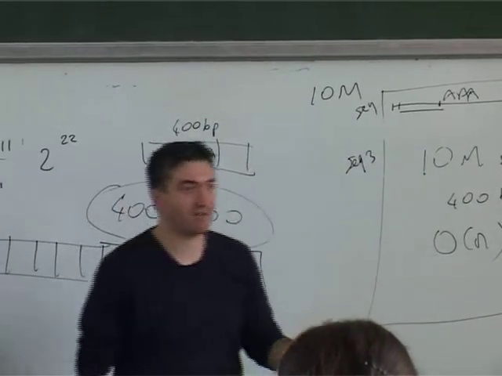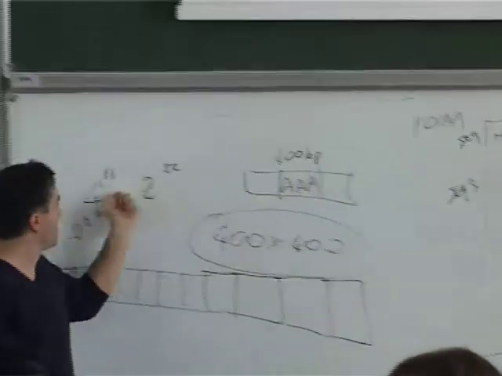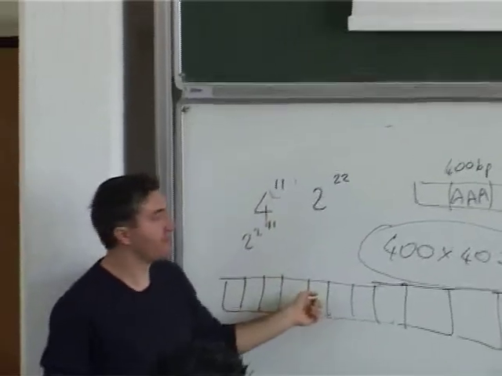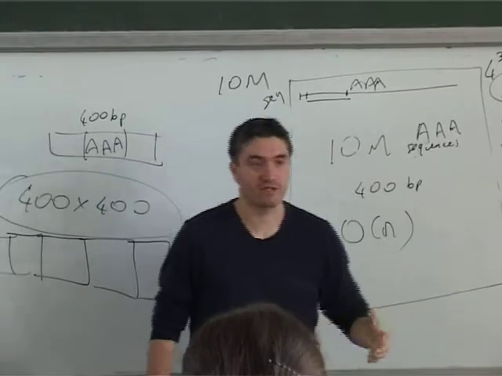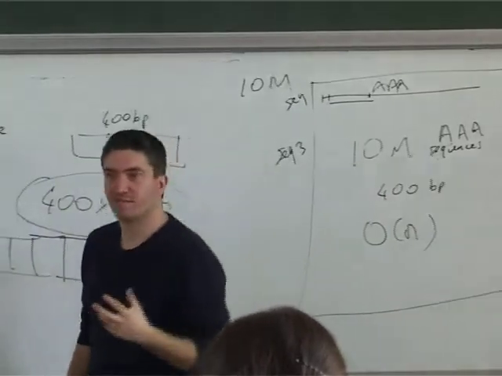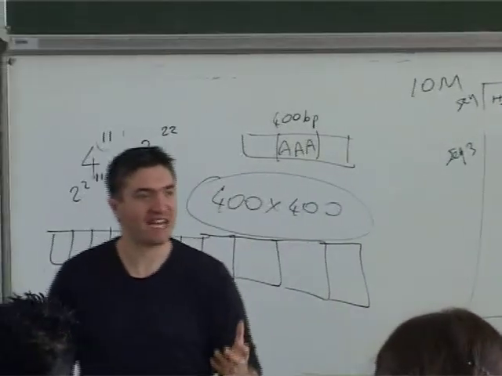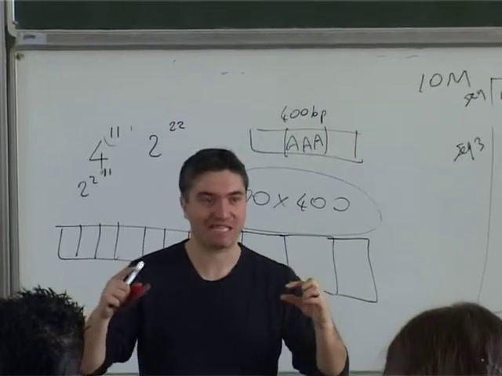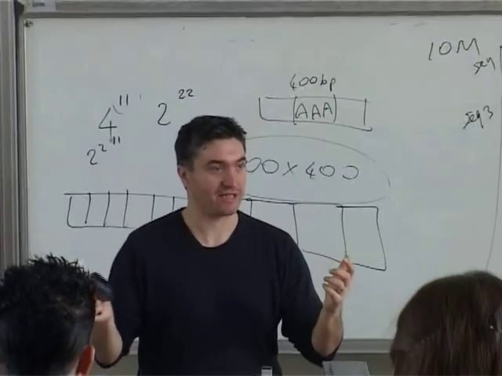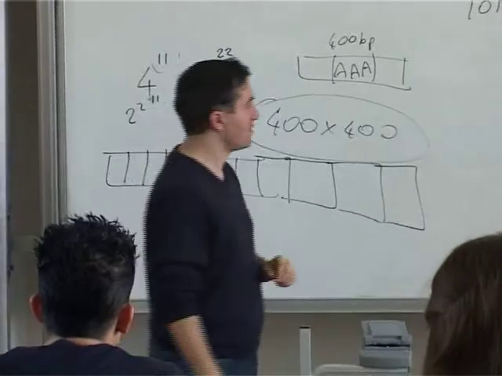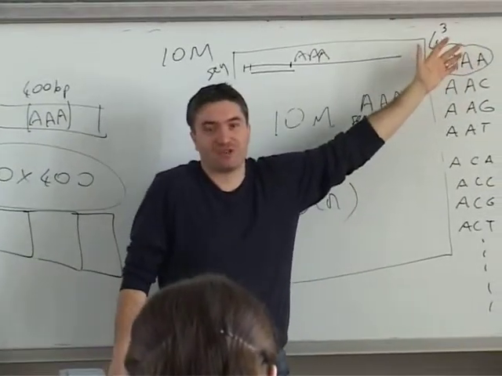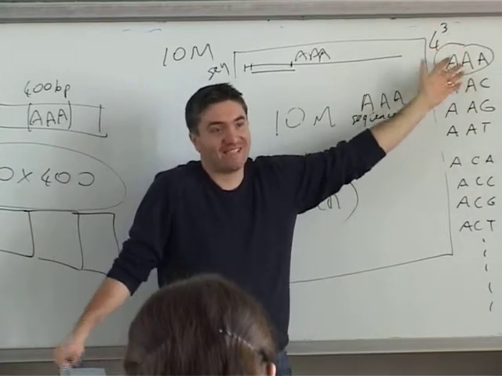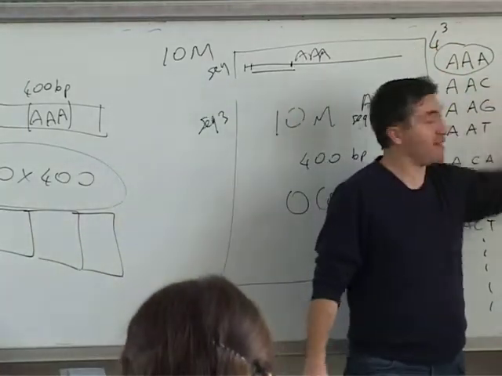If this length 11 window exactly matches a number of database sequences, what is the probability of getting this exact match randomly by chance? Especially for AAA, lots of sequences in your database are going to contain AAAs, maybe thousands of them.